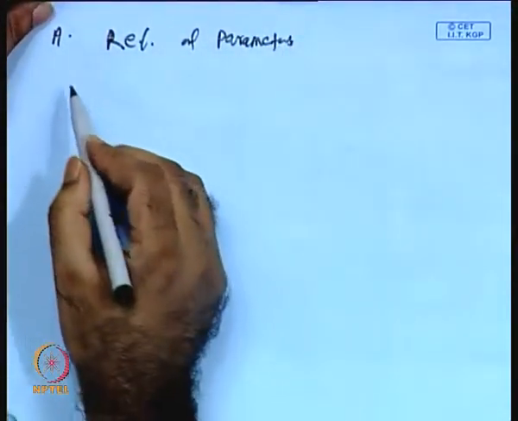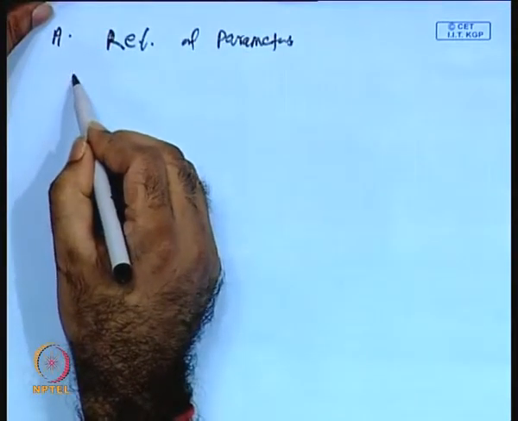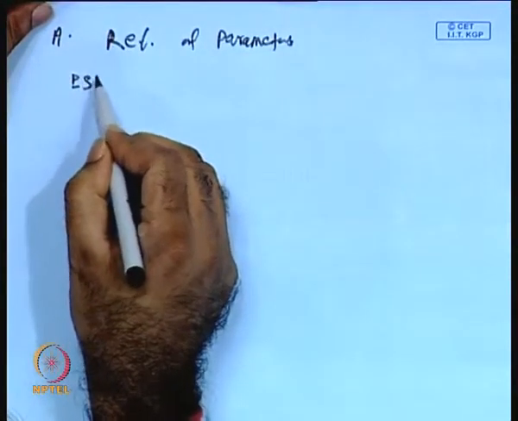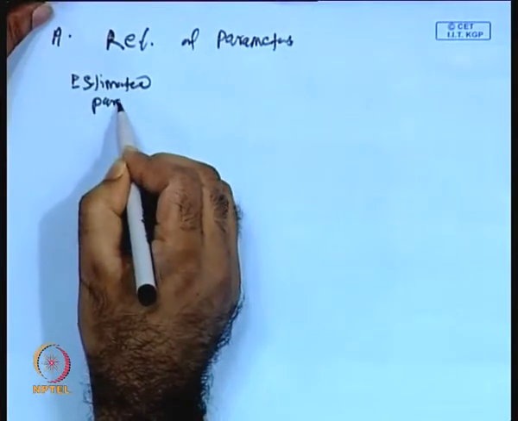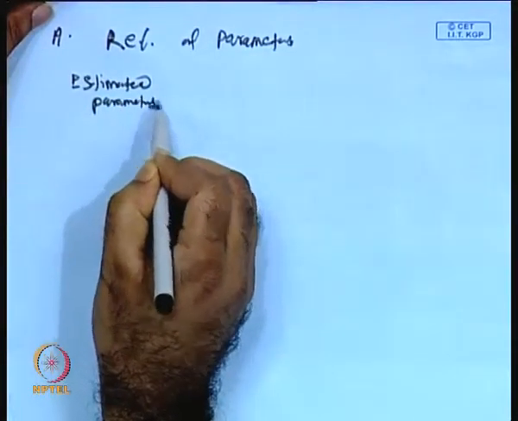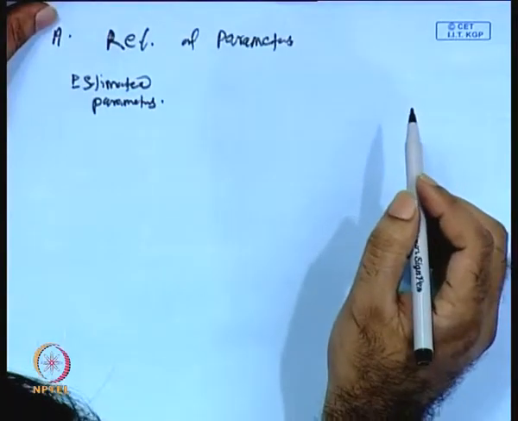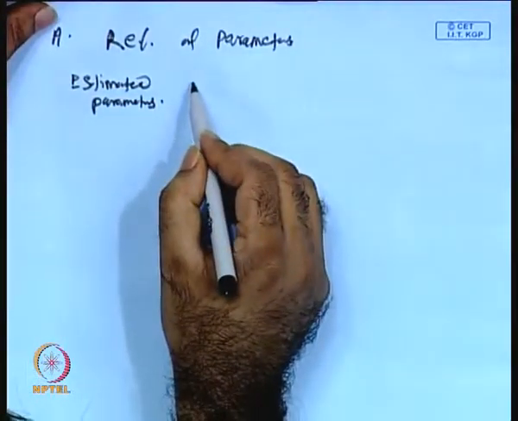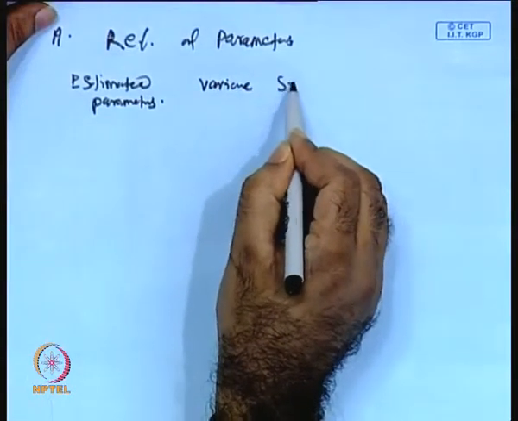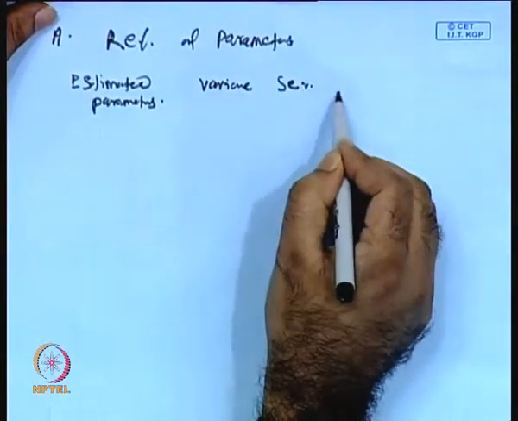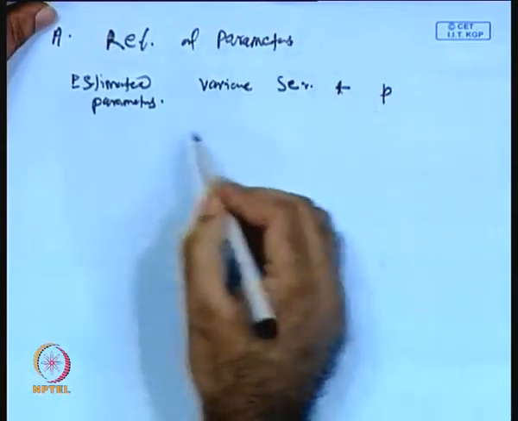So, we have to report the results like this: the estimated parameters, then variance, then standard error, then t statistics and corresponding probability.